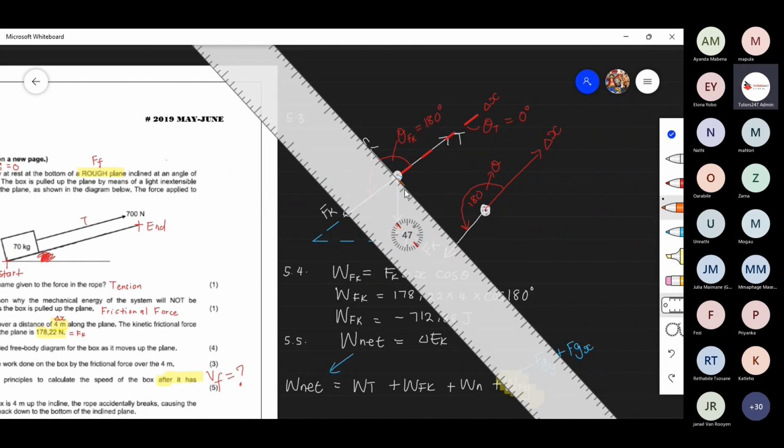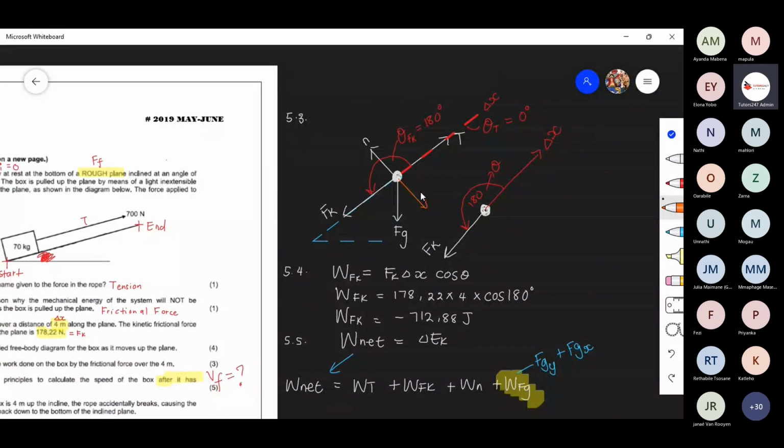That is going to be in the same direction as normal force, and that is Fgy or Fg perpendicular, whichever you prefer to call it. Now, we have one more component, which is Fgx or Fg parallel.